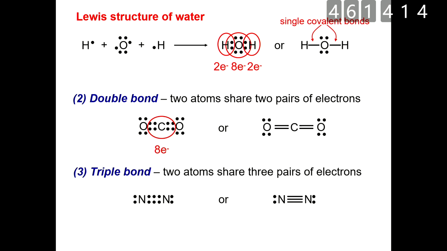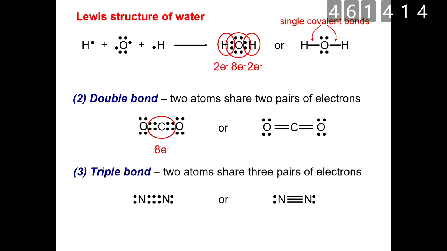This example shows the triple bond, like nitrogen gas N2. We know nitrogen has how many valence electrons? 5. Yeah, 5, because it's like 2s2, 2p3. So it has 5 valence electrons.